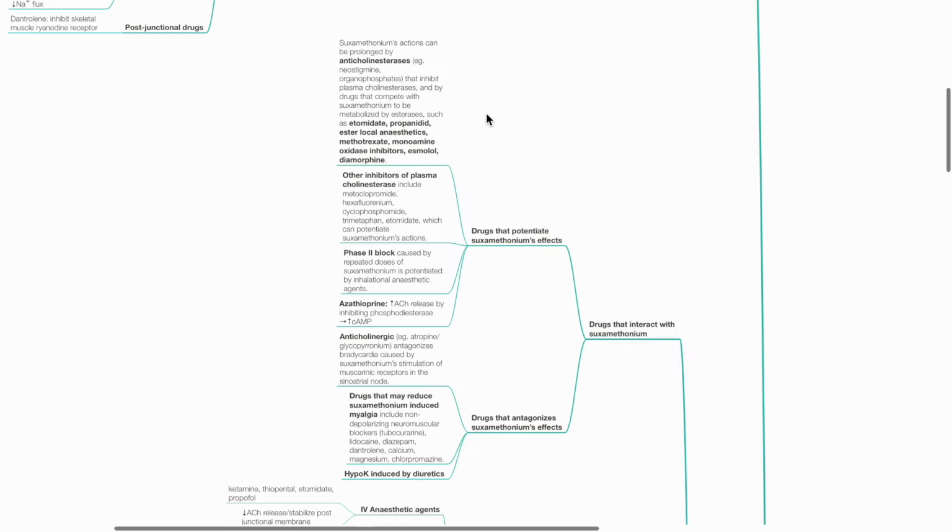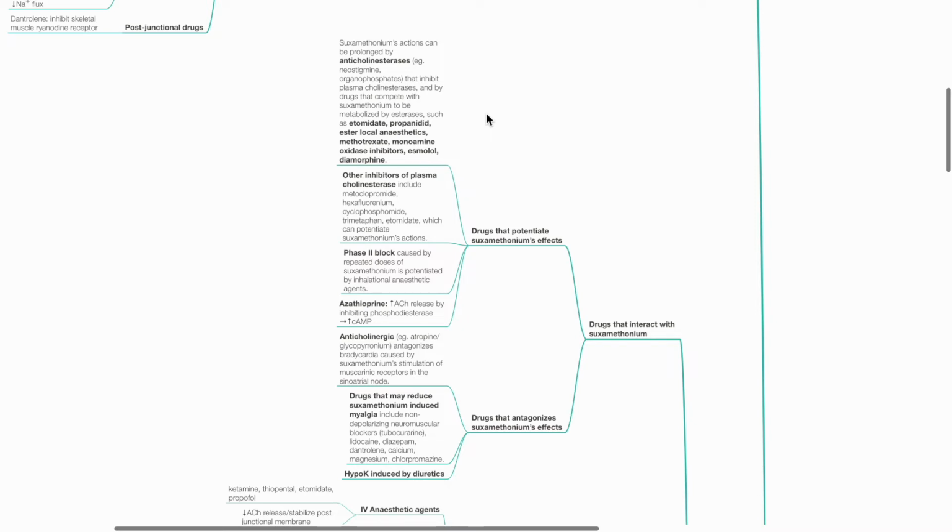Other inhibitors of plasma cholinesterase include metoclopramide, hexafluronium, cyclophosphamide, trimetaphan, and etomidate, which can potentiate suxamethonium's actions. Phase 2 block caused by repeated doses of suxamethonium is potentiated by inhalational anesthetics.